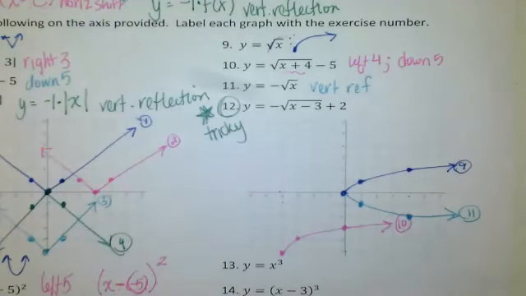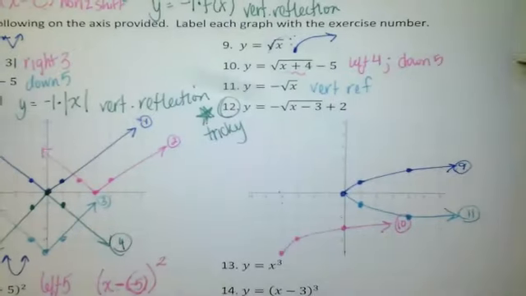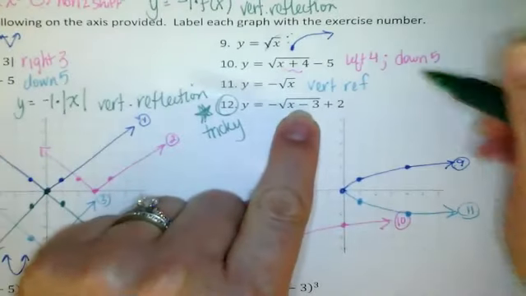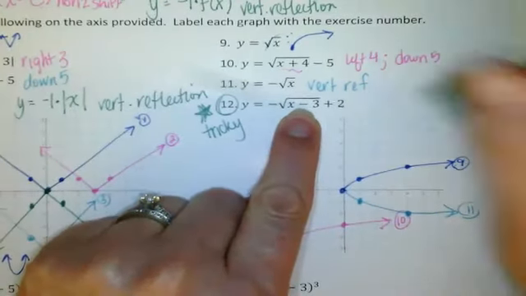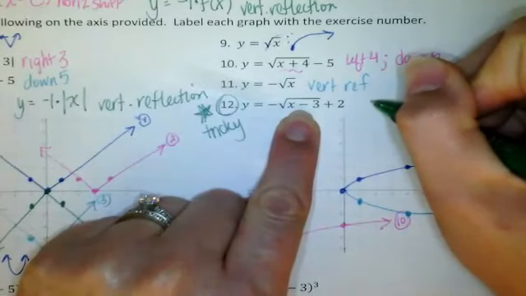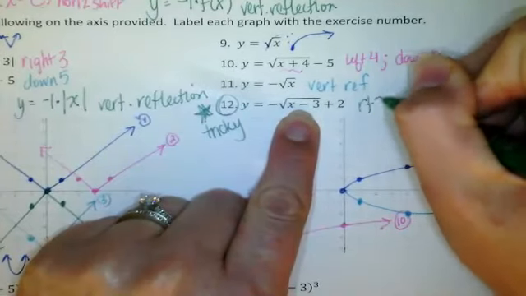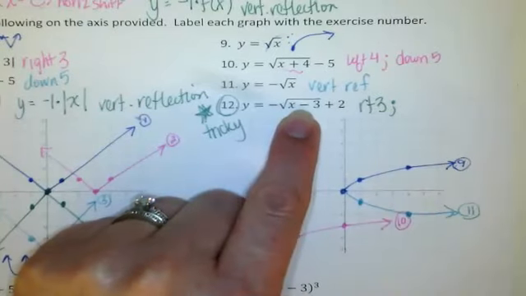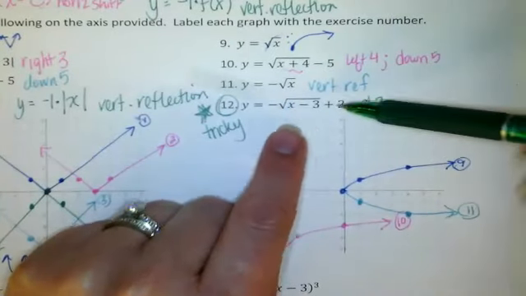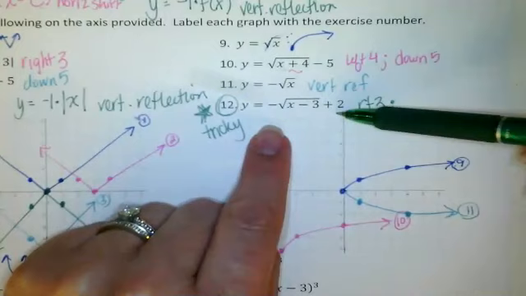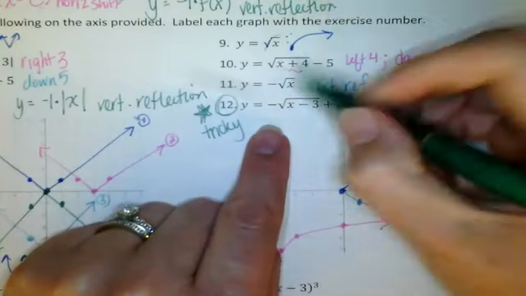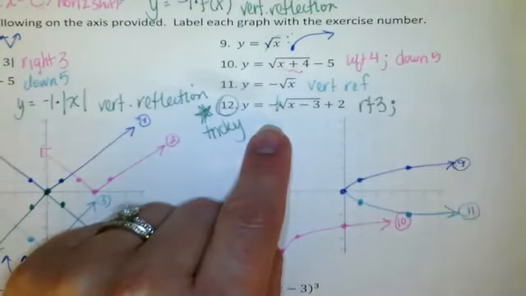So we have 3 transformations. Which one do you want to do first? Left to right. Left to right, good. On the inside, how are we going to shift horizontally? Right 3. Right 3 units, good. And so now the question is, we have a +2. We also have a multiply by -1.